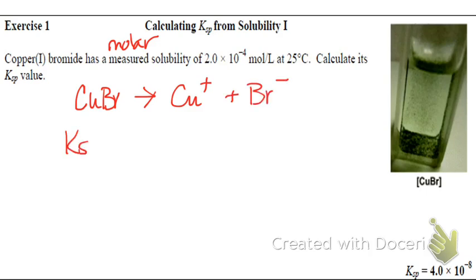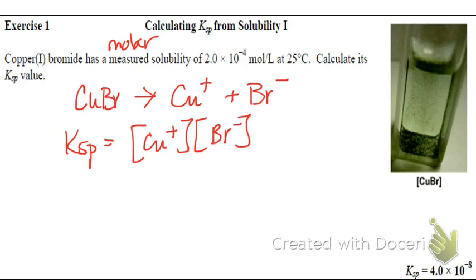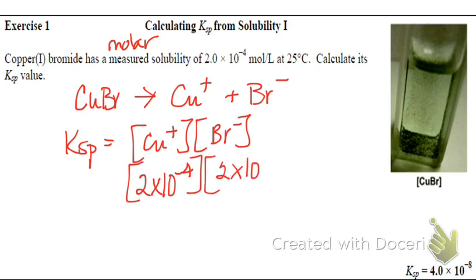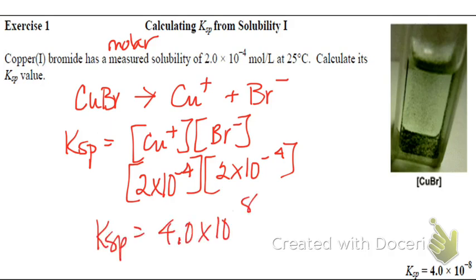So Ksp would be Cu plus times Br minus. We plug in that molar solubility, and it would be the same value since it's a 1-to-1 ratio. So our Ksp would be 4.0 times 10 to the negative 8.